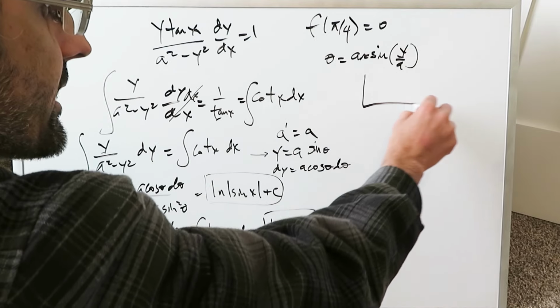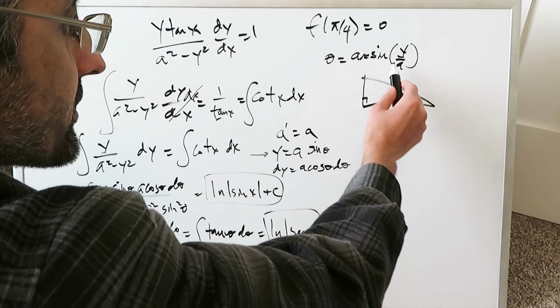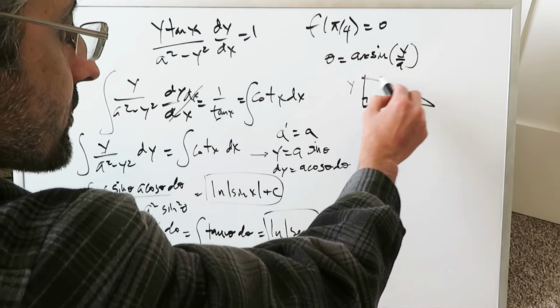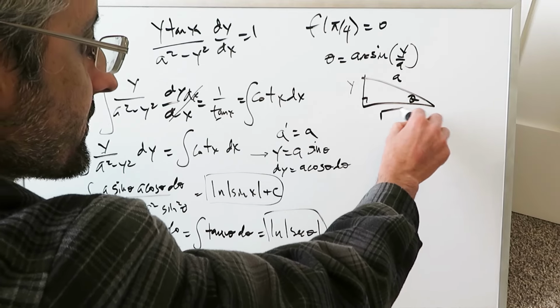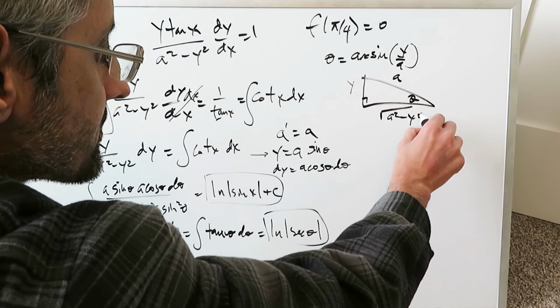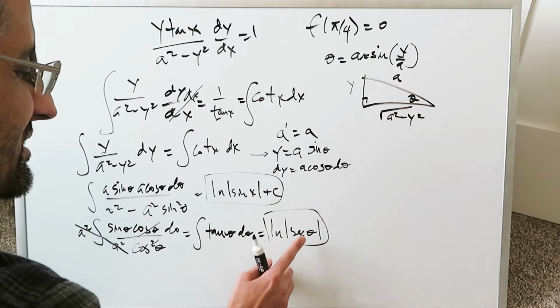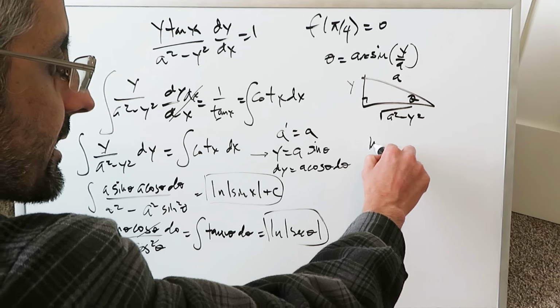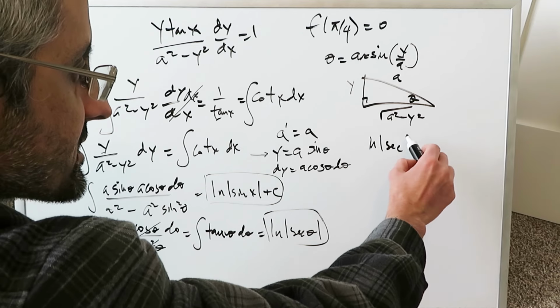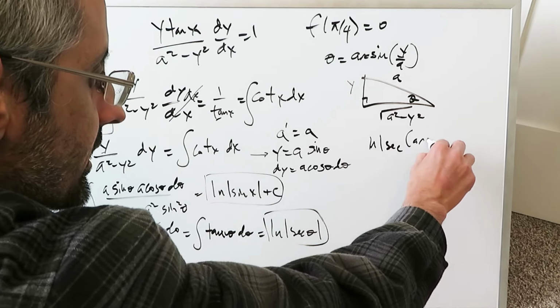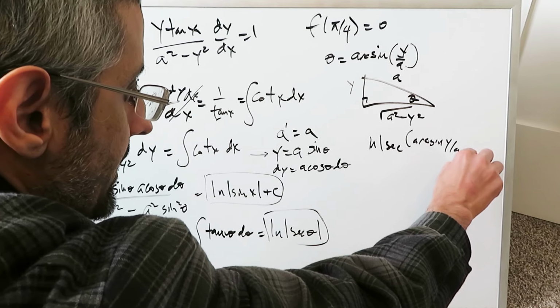Construct a triangle which brings in the theta variable with regards to the definition of sine, which is y over a, opposite over hypotenuse, and then you have the square root of a square minus y square, and that's exactly what you have. Now you have to bring all of this in with respect to secant. You're really looking at a natural log secant of theta, which is really, as you know, arc sine y over a.